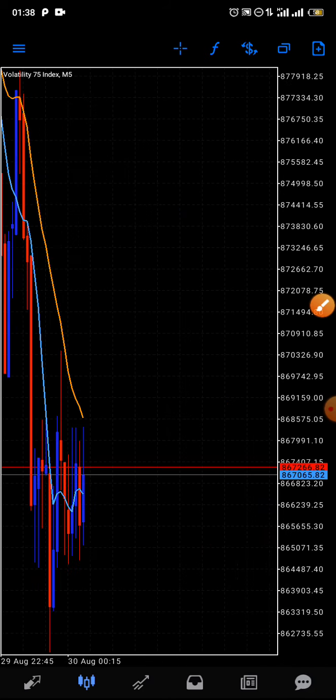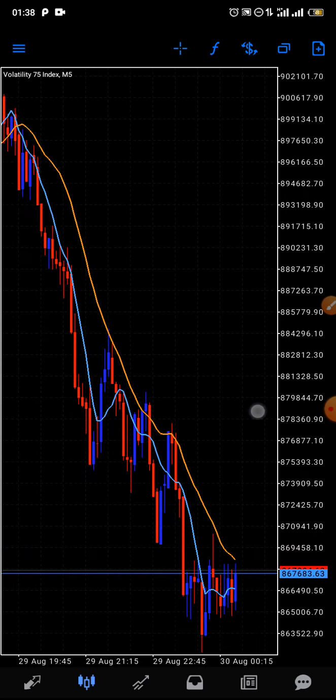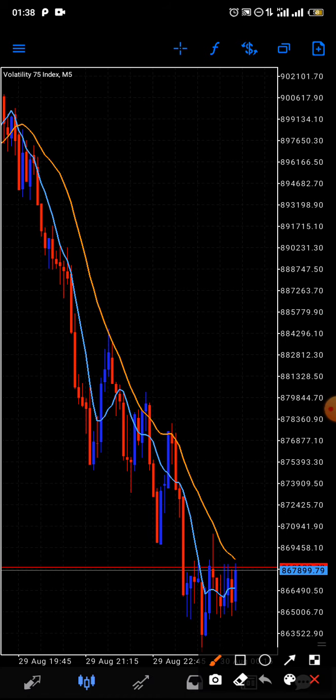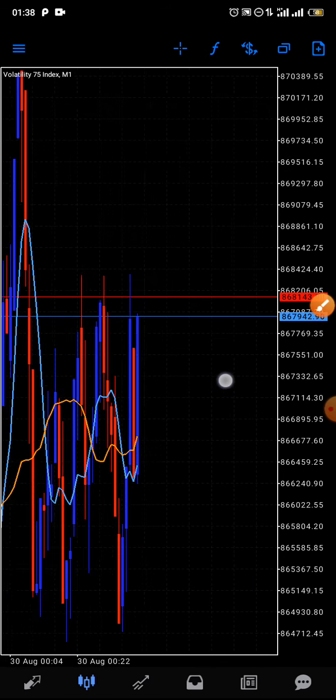Now you can see so far it hasn't crossed to give us a buy, so it would have been safe. Anytime you check your 5 minute time frame and notice a steady sell, just wait for a sell crossing on your 1 minute time frame.